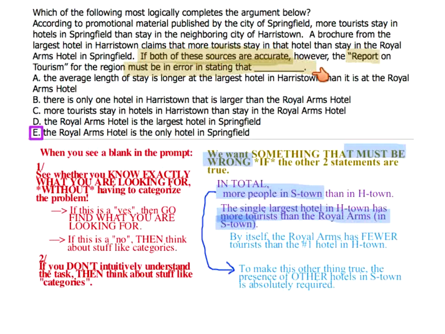Definitely not something that I would be capable of, but on the problems that are testing larger connections, that's not necessarily going to be your friend. D is wrong because there could definitely be lots of bigger places in S-Town. But then again, maybe there aren't. We don't know. S-Town could be full of small hotels, and this could still be a thing.